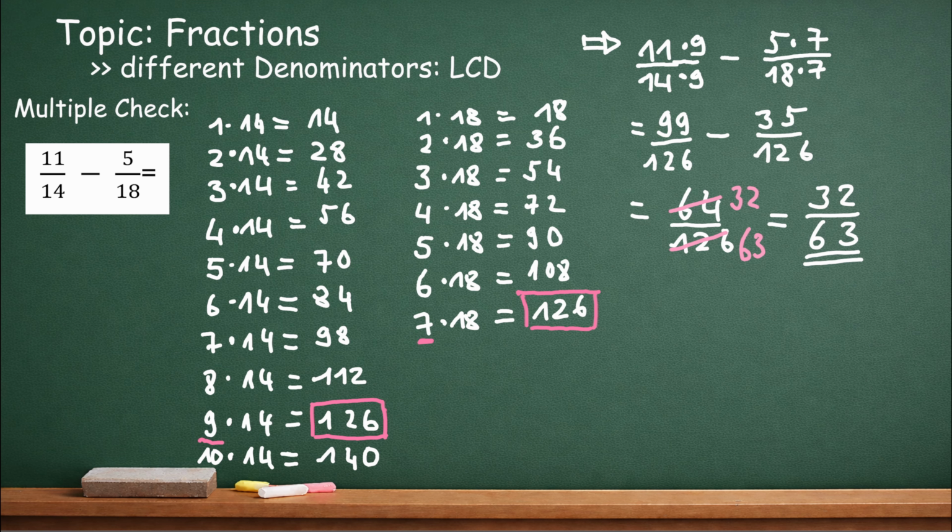And we do it with the second one. And when we find a number which is the same, we have found our least common denominator. And this allows us to do our calculation. We can get our result. As simple as that. If you have questions, write them in the comments.